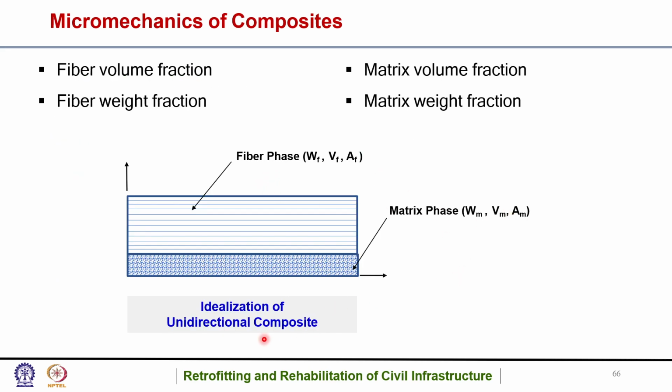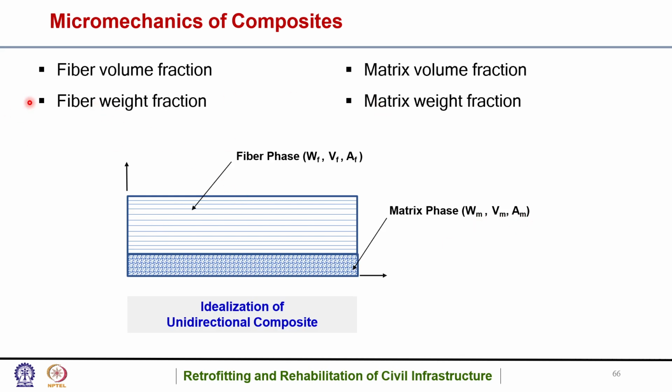In the idealization of unidirectional composites, there are two phases: the fiber phase, with weight WF, volume VF and area AF, and similarly the matrix phase, with the subscripts M.